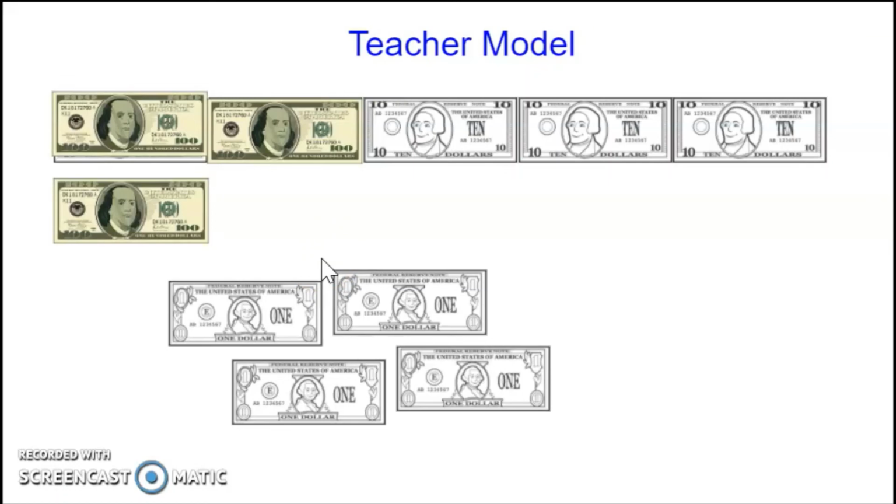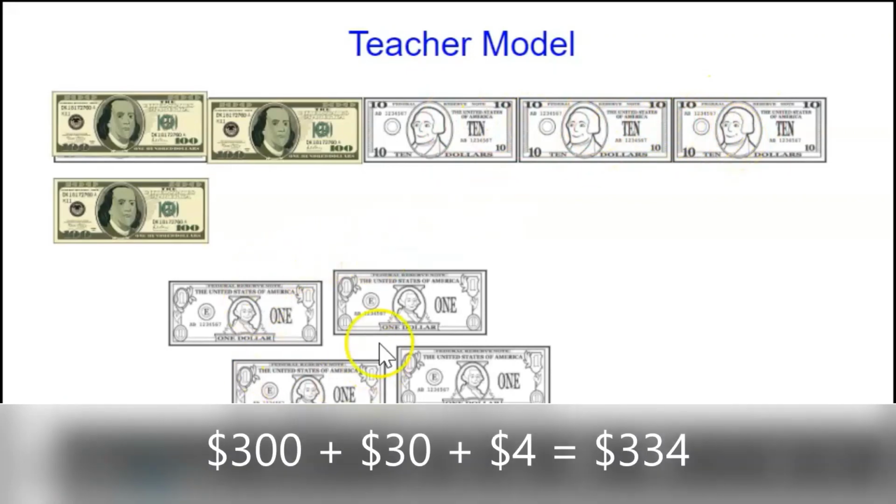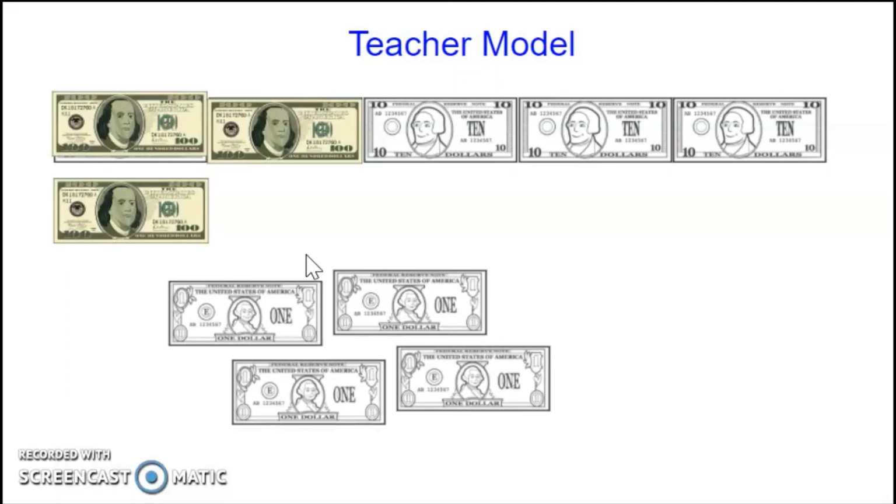In expanded form, we would write this as $300, which is the three 100s here, plus $30, which is the three 10s here, plus $4, which is the four 1s here, equals $334. Great job, my friends. You're doing a wonderful job with our place value in expanded form lately.